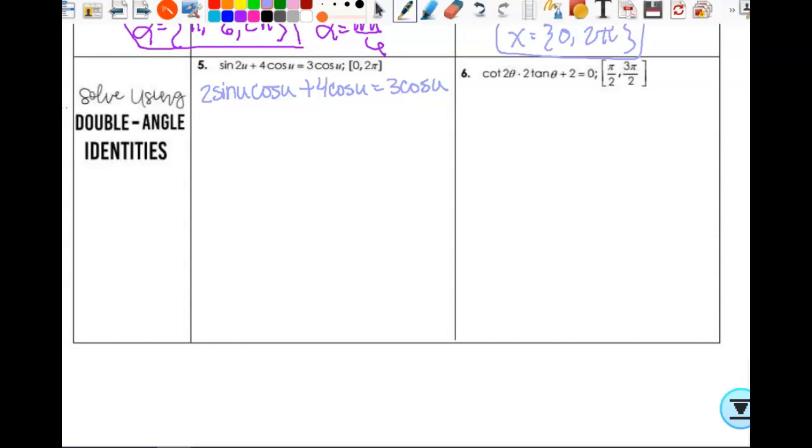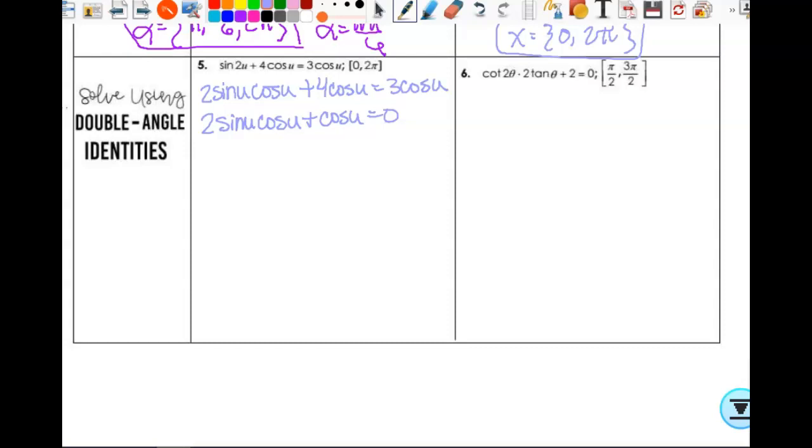So I'm going to move the 3 cosine u over, so I get 2 sine u cosine u, and then when I subtract 3 cosine u from both sides, that'll just give me plus cosine u equals 0. Okay, we all good with that?